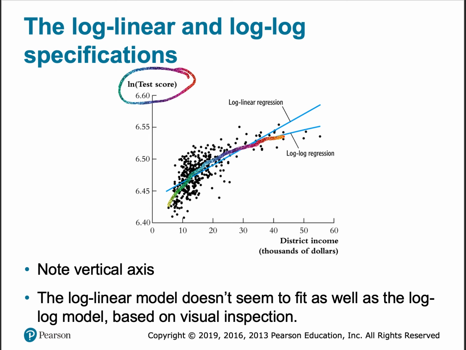That log-log regression is much better at demonstrating the nonlinearity, the curvature that we see in the relationship between test score and district income. This is based on visual inspection, but it is a very powerful tool. Our eyes are powerful tools, and we want to plot the relationships against the data, and see how well the predicted relationship matches the data.